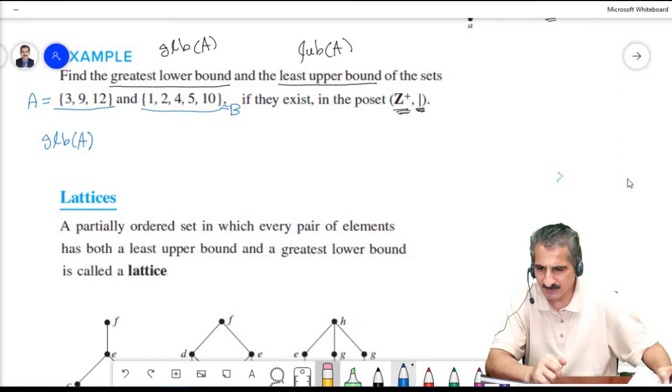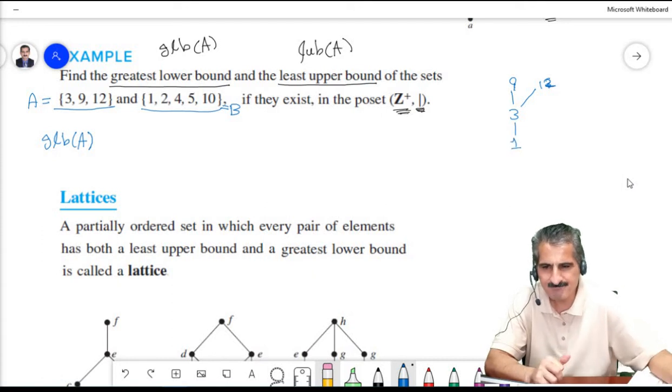If we try to make them as Hasse diagrams, we will say, okay, 3 divides 9 and 3 divides 12. Okay, this is A, but now we know that 1 divides 3. And what else divides 3? Nothing.